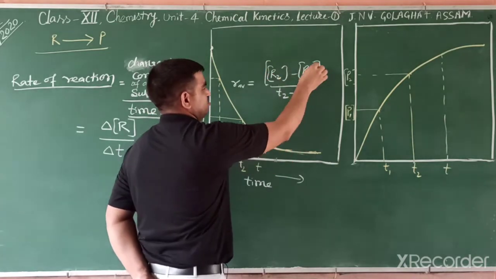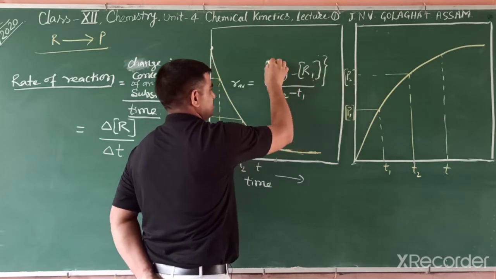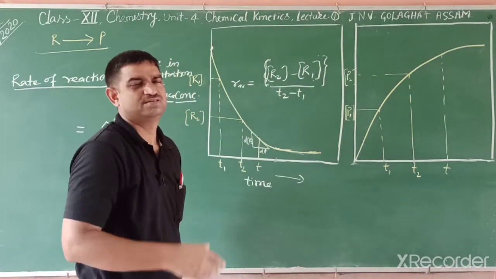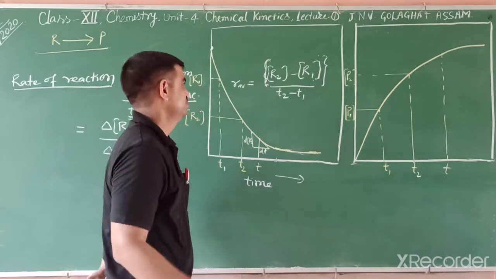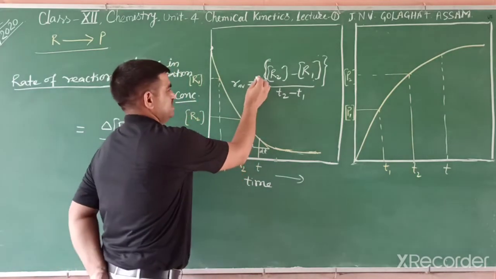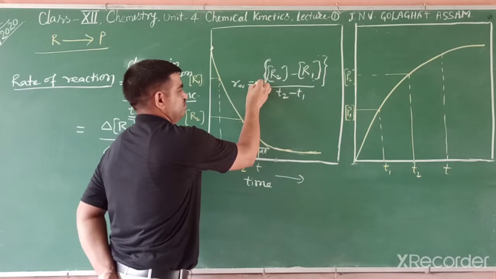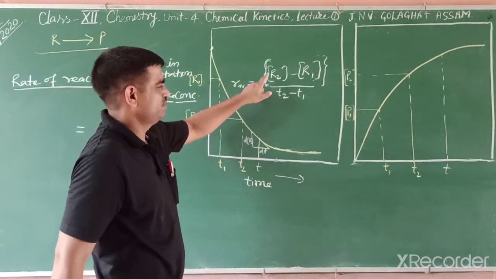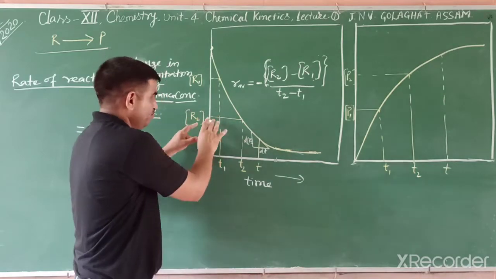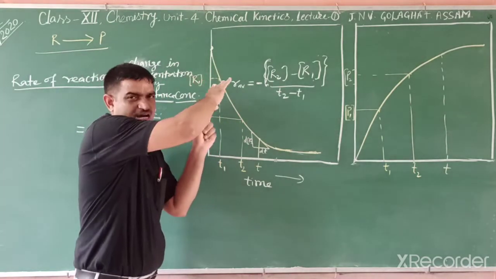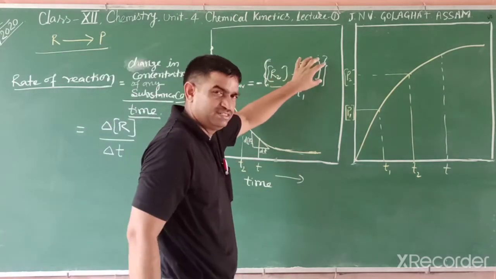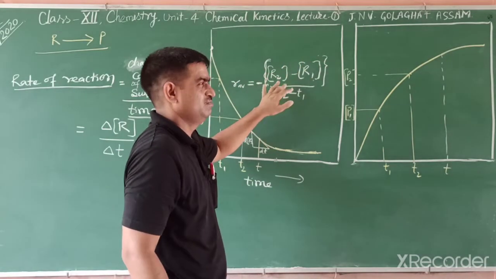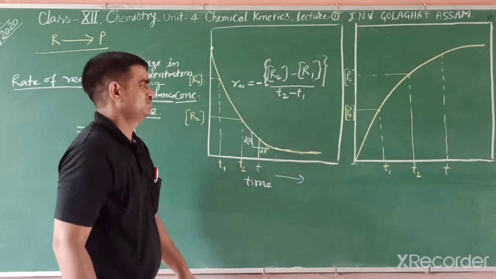But this change in concentration is negative, while the rate of reaction is always positive. So we multiply by -1. R2 is a lower value and R1 a higher value, so we get a negative value, and minus and minus give a positive sign when multiplied.